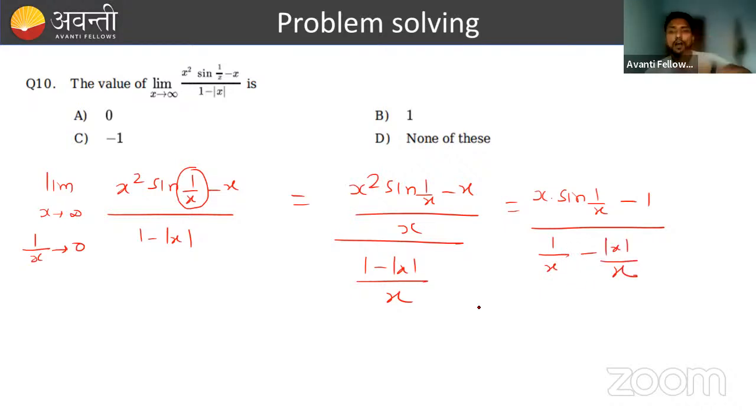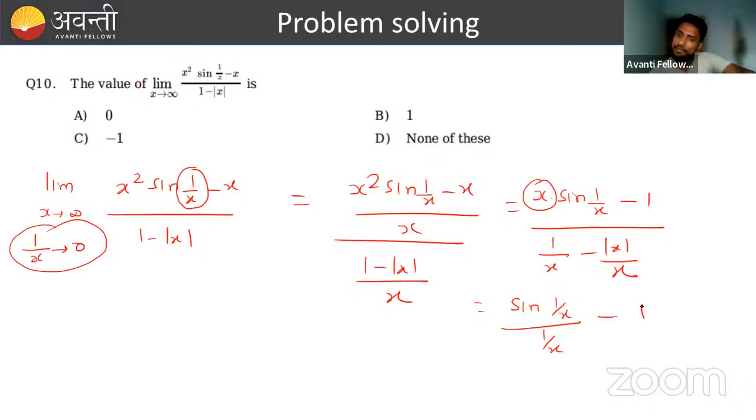Now one thing I can do: for sine 1 by x, I can keep this x in the denominator and write 1 by x. Why am I writing it? Because 1 by x is tending to 0, I can use the formula sine something divided by something is equal to 1. And here it is 1 only, and this is 1 by x, and this is mod x by x.